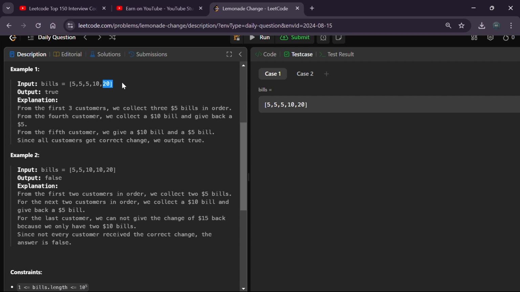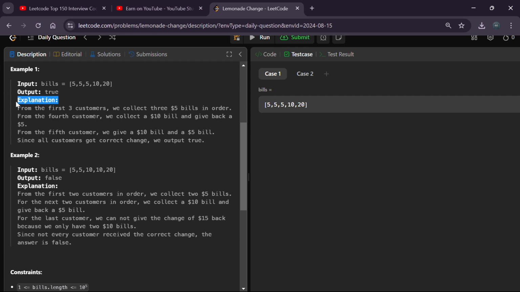We have the perfect change for the fifth customer. So we return him two $5 bills plus one $10 bill. So the transactions go well, and we remain with a $20 bill in our hand, right? We didn't stop at any transaction, so we completed all the transactions, and we have to return true.